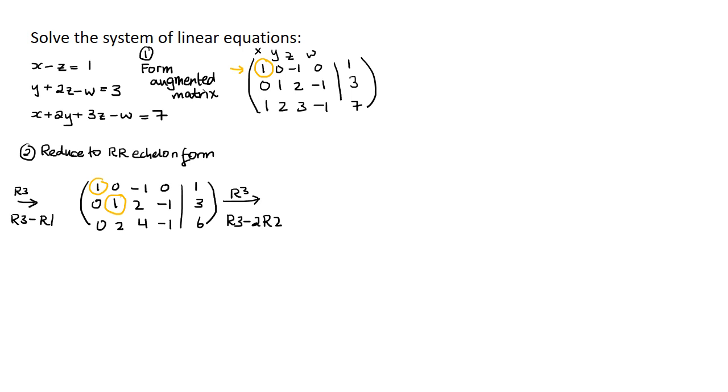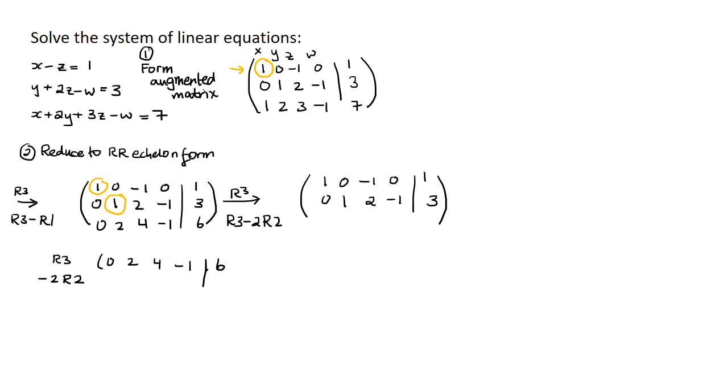And just to show doing this out, I'm going to take row 3, which is 0, 2, 4, -1, 6. And I'm going to subtract twice row 2 from this. So that's 0, 2, 4, -2, 6.